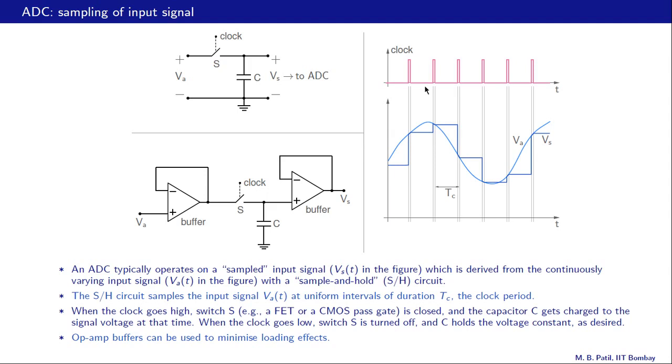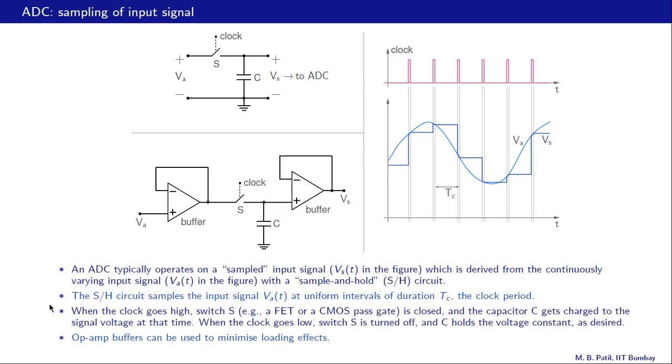During this interval, when the clock is low, the switch is off, and now the capacitor voltage cannot change anymore because there is no path for the capacitor to charge or discharge, and that corresponds to this hold operation here. So that is how this circuit performs the sample and hold operation.